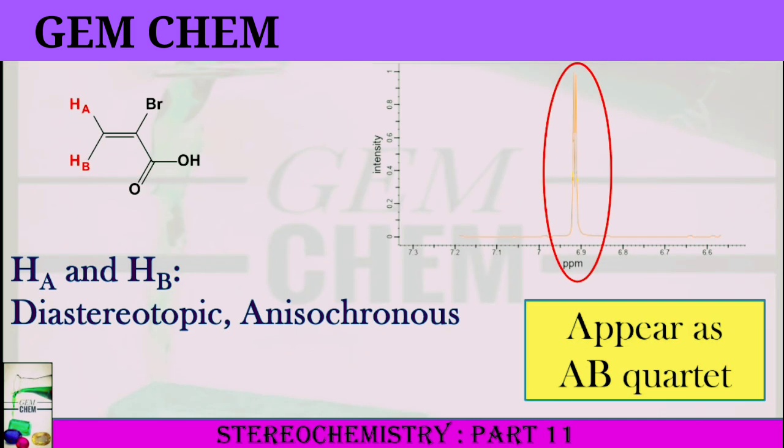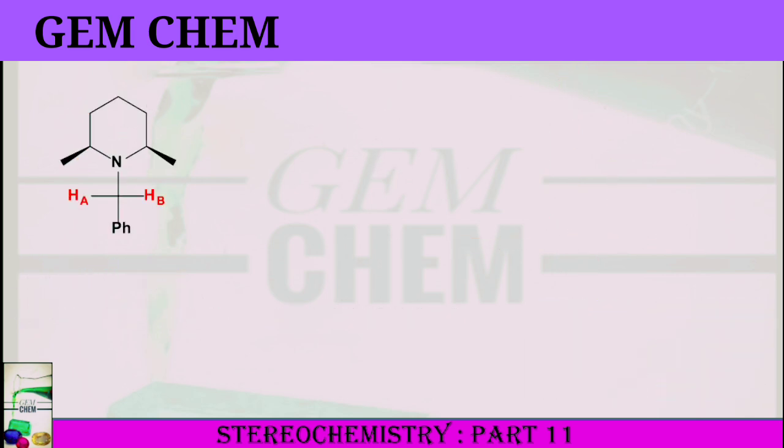Now when we shift to our next moiety, this is the next one. This has the two protons HA and HB which we are going to consider. This is N-benzyl 2,6-dimethyl piperidine. This is the cis one which we are considering. This can be written in chair form like this. For the cis, the two protons are enantiotopic in nature.